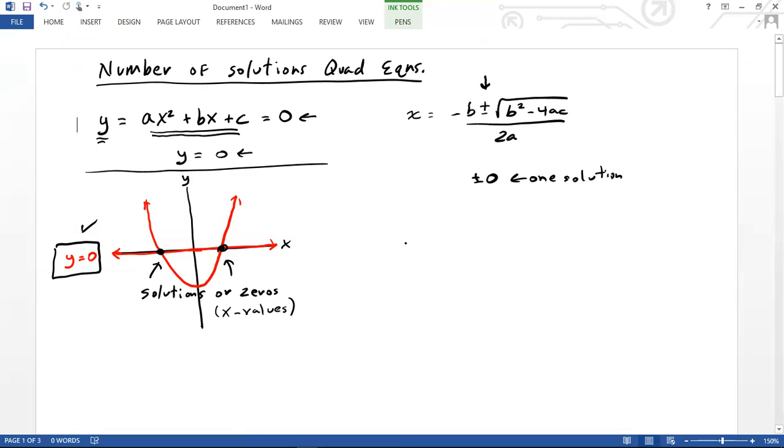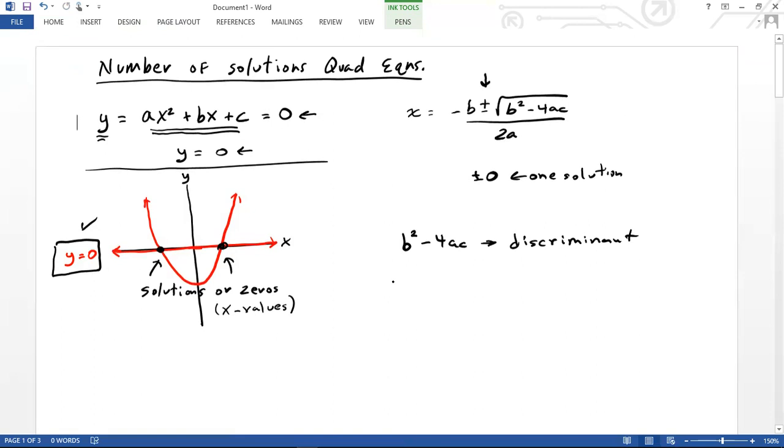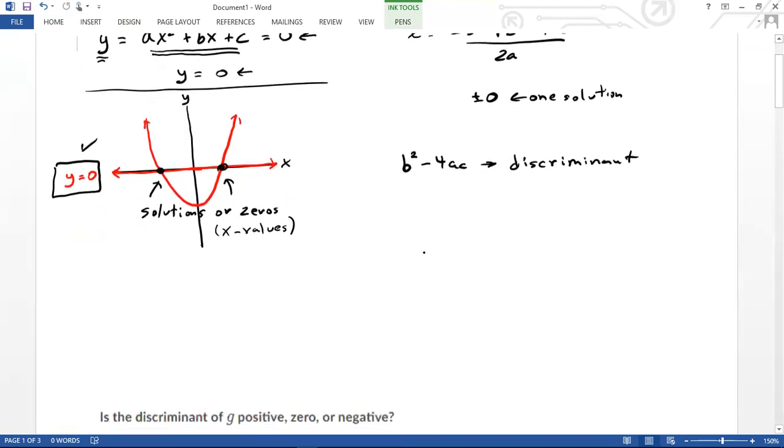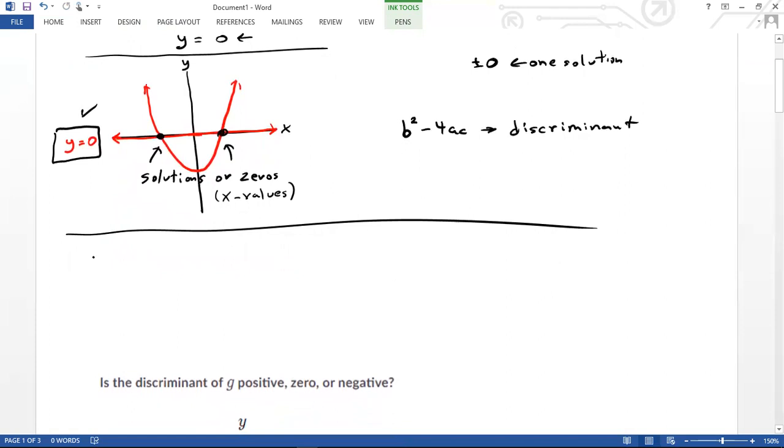The part that is b squared minus 4ac is called the discriminant. I hope I spelled that correctly. So let's see the various cases. There's just 3 cases for the number of solutions.